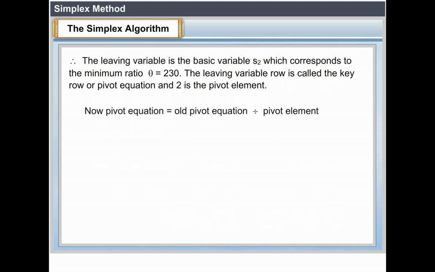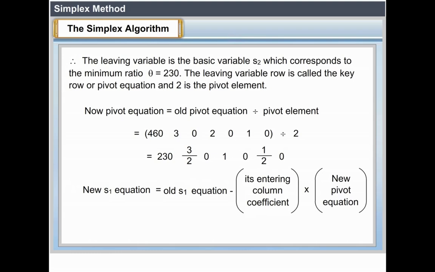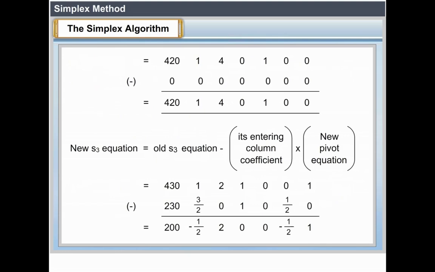New pivot equation equal to old pivot equation divided by pivot element. 460, 3, 0, 2, 0, 1, 0 divided by 2. After dividing our new pivot equation by 2, we are getting 230, 3 by 2, 0, 1, 0, 1 by 2, 0. New S1 equation equal to old S1 equation minus its entering column coefficient into new pivot equation, equal to 420, 1, 4, 0, 1, 0, 0.